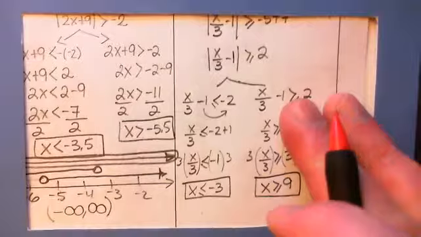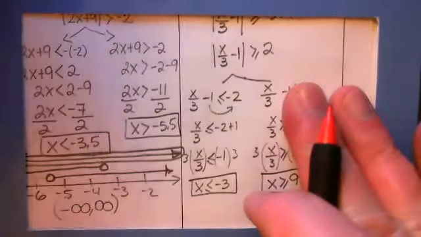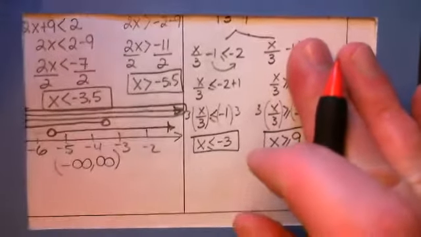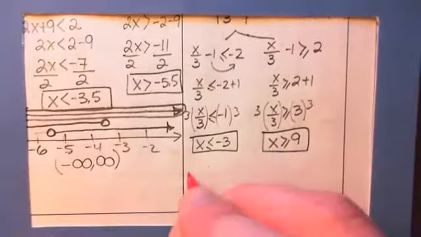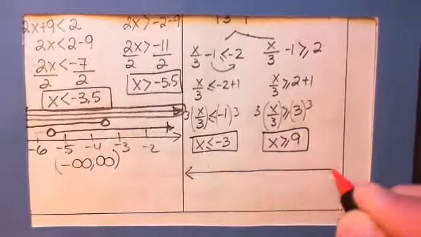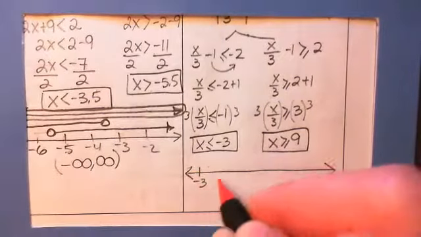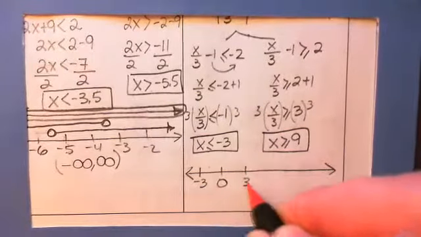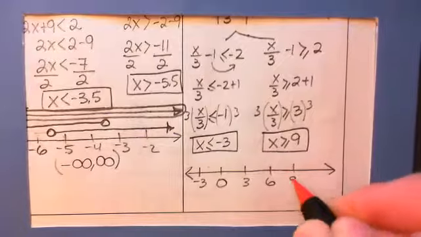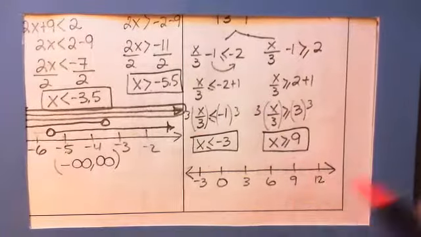All right, now it's time to do the number line. So let's go ahead and do a number line here. And let's say we count by 3, so this would be negative 3, 0, 3, 6, 9, 12.